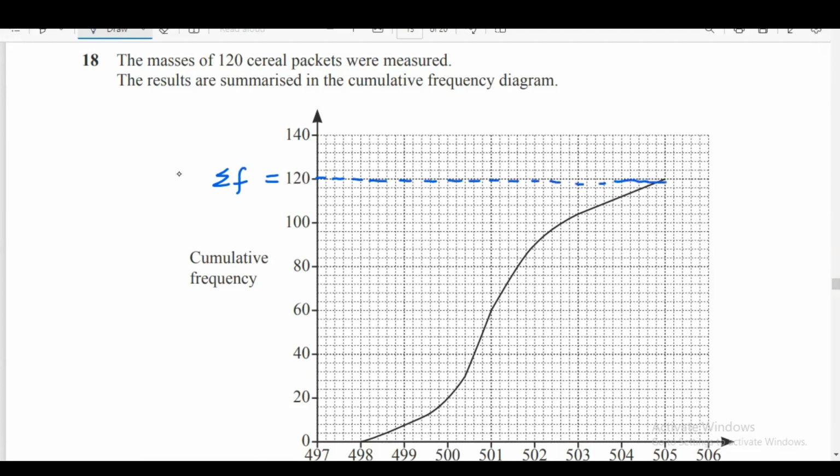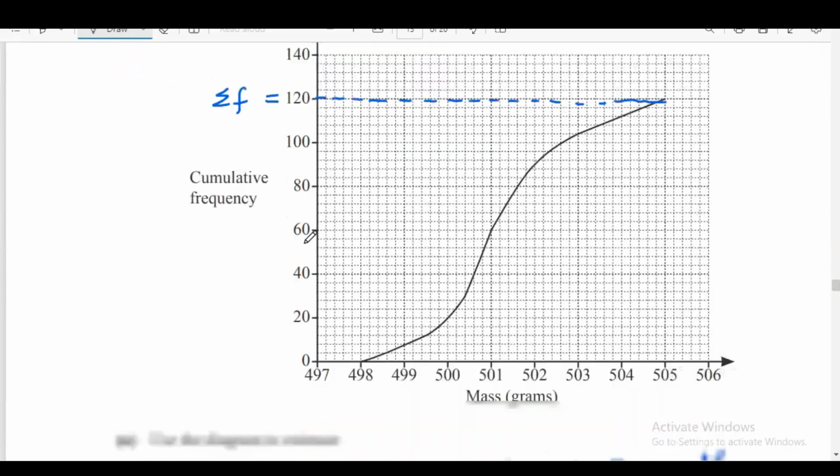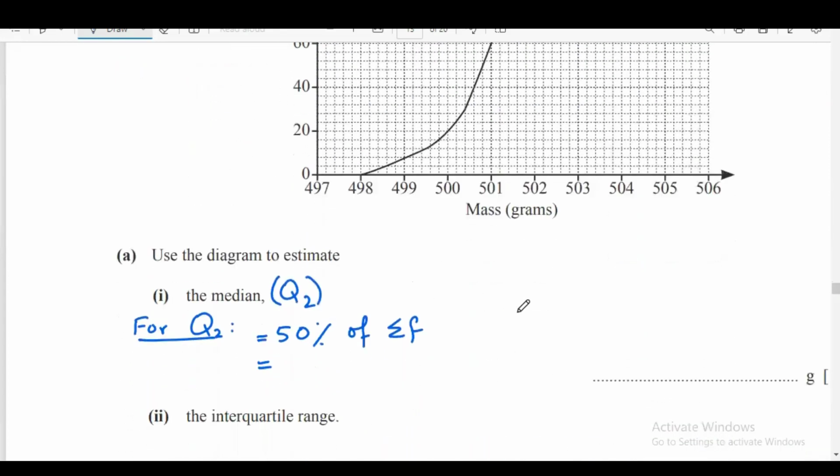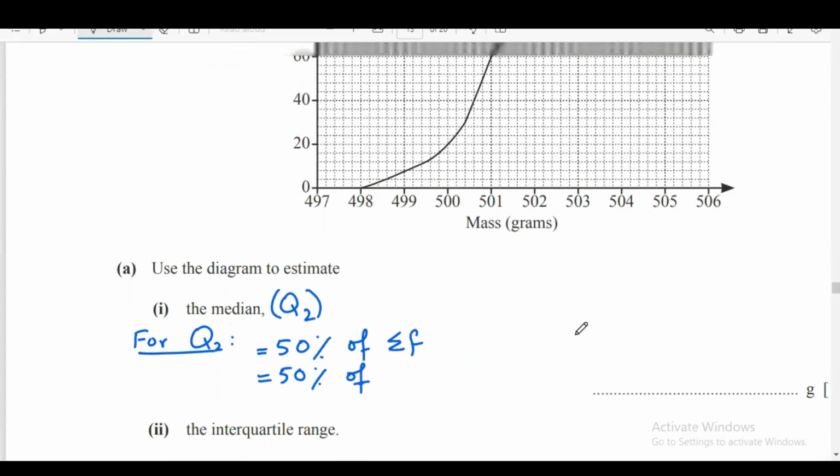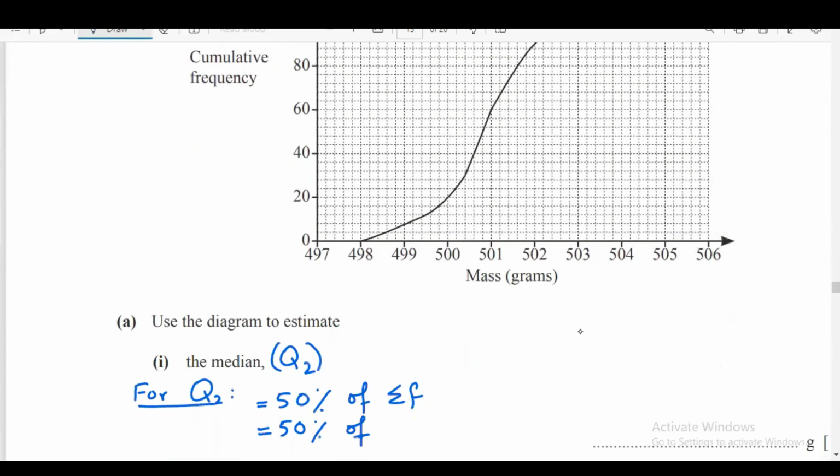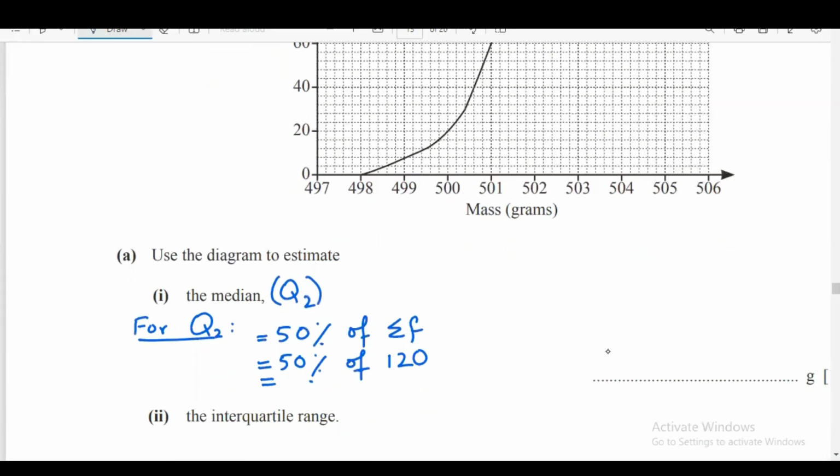The value of sigma f is 120 here. So 50% of sigma f, 50% of 120, will be 60. Be careful, it is not the median, it is for the median.